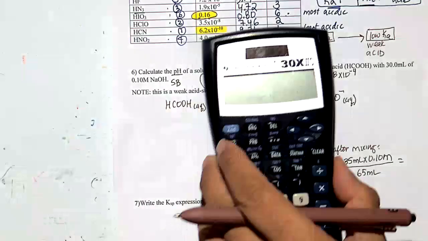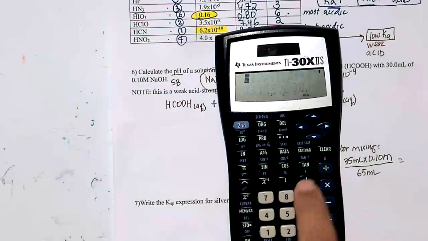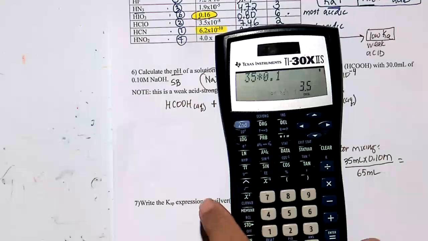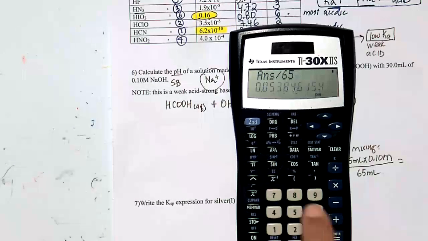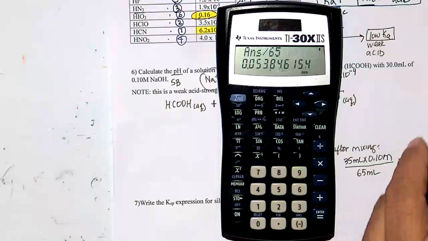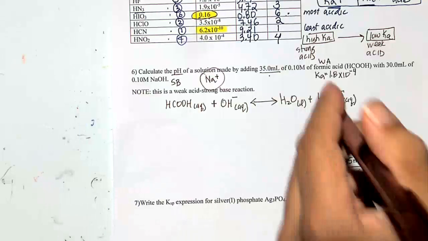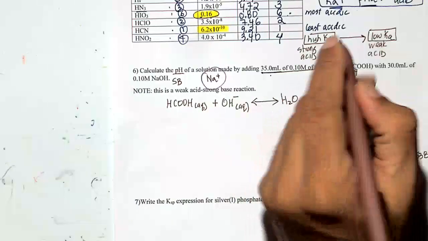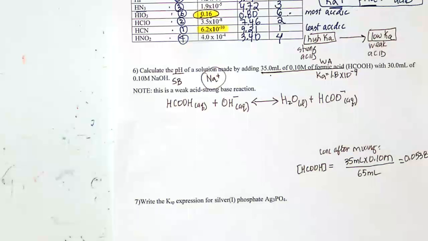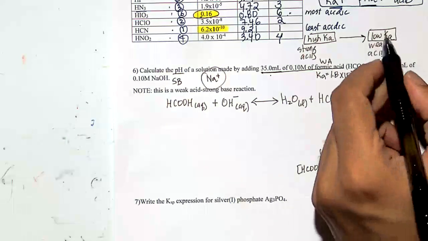So 35 times 0.1 is 3.5, divided by 65, is 0.0538 big M. That is our formic acid concentration after we mix these two substances together.